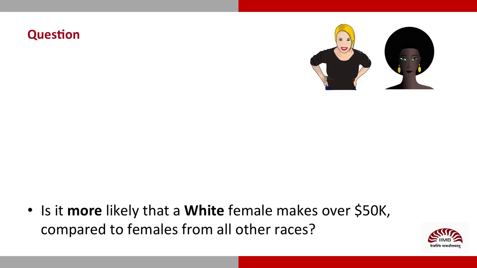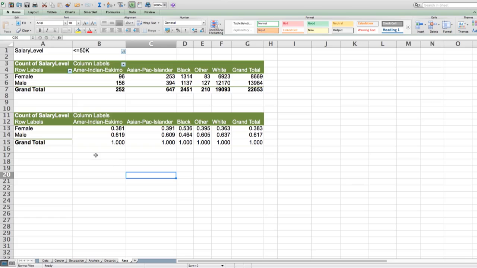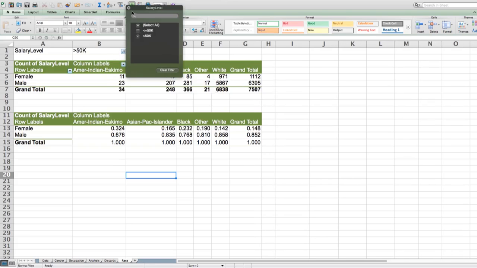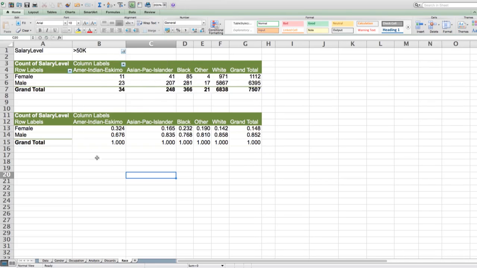Let's answer the remaining question. Is it more likely that a white female makes over $50,000 compared to females from all other races? I'll just go ahead and flip this over to greater than 50K, and you notice that all of these have been recomputed. The ratios have changed.